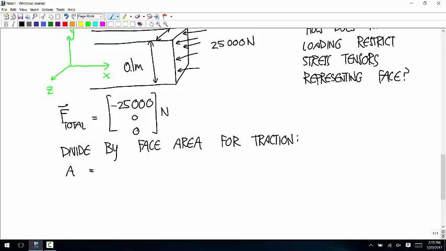The area is 0.1 meters times 0.1 meters, so 0.01 square meters. And now we can just divide each one of these components to simplify this and get the traction vector.